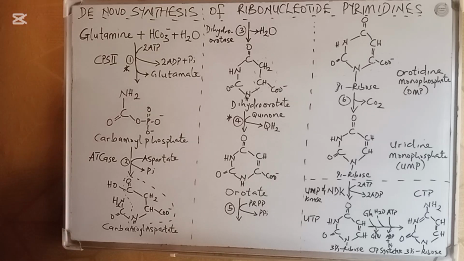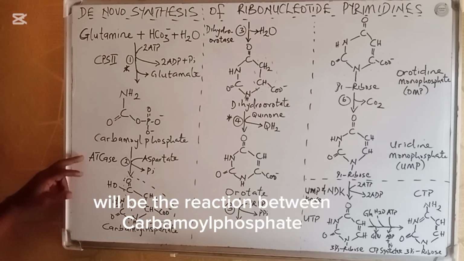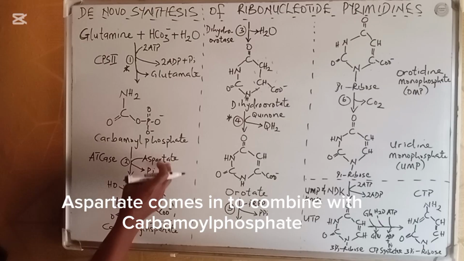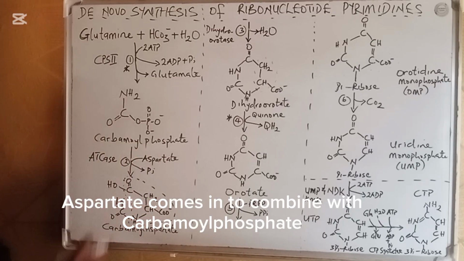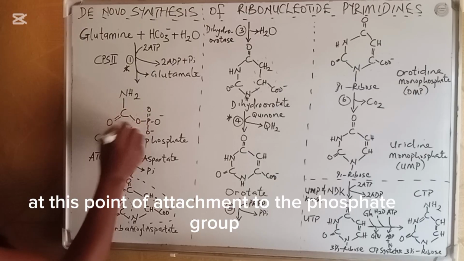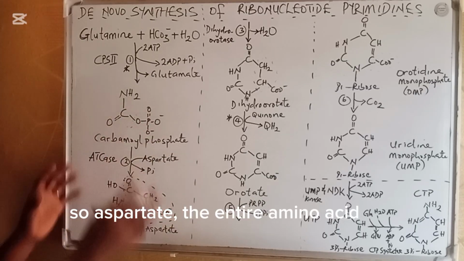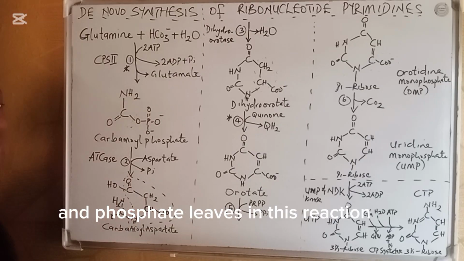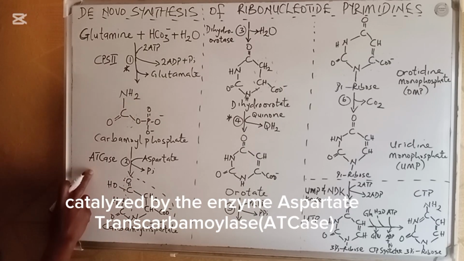The next step in this synthesis from scratch will be the conversion of carbamoyl phosphate to carbamoyl aspartate. What actually is happening here? Aspartate comes in to combine with carbamoyl phosphate at the point of attachment to the phosphate group. So aspartate, the whole amino acid, takes the place of this phosphate, and phosphate leaves in this reaction, catalyzed by the enzyme aspartate transcarbamylase.